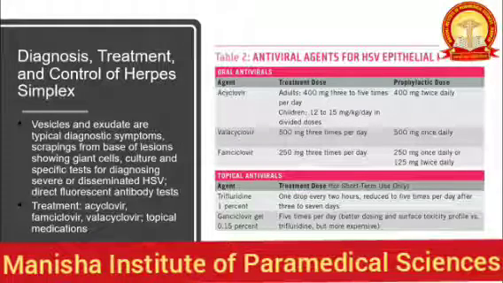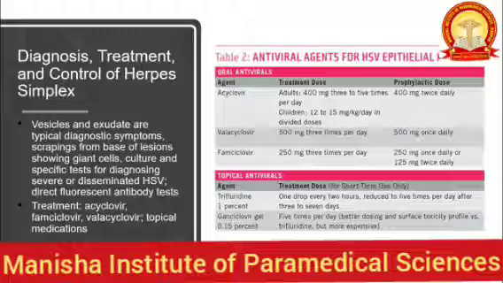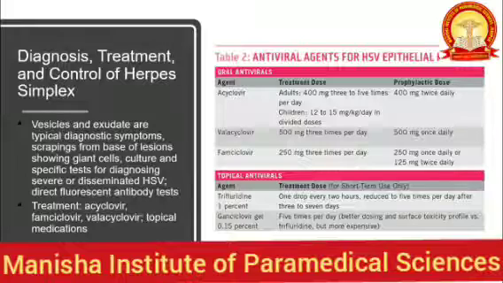Diagnosis, treatment, and control of herpes simplex. Vesicles and exudates are typical diagnostic symptoms, and scrapings from the base of the lesions show giant cells. Cultures and specific tests are used for diagnosis of severe disseminated HSV.